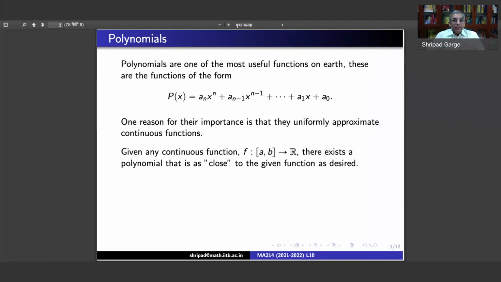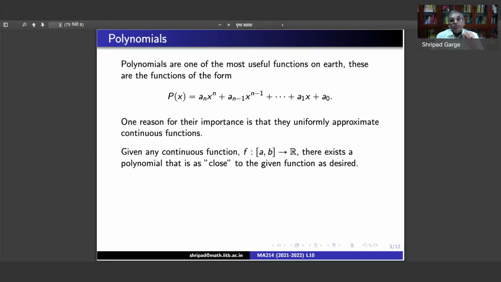If you draw the graph of this function f and draw the epsilon neighborhood of the graph, it would look like the river that we would draw when we were children. You are fattening the graph of your function by epsilon on both sides. Then there is a polynomial whose graph lies in that epsilon river.